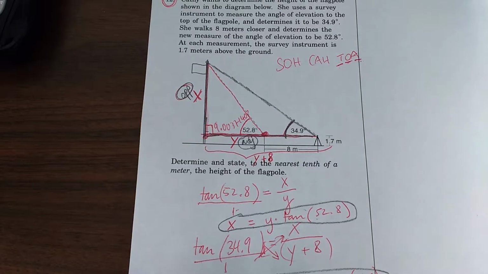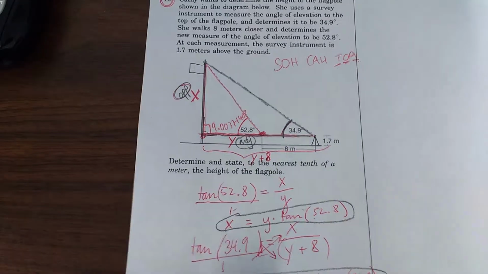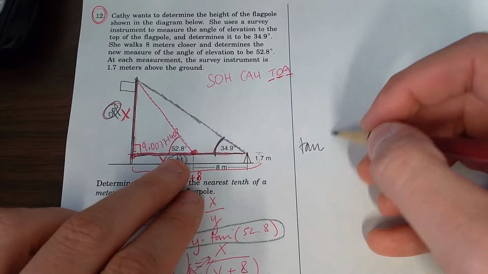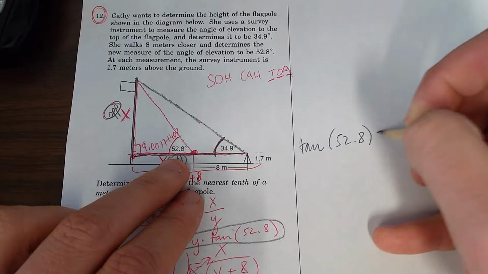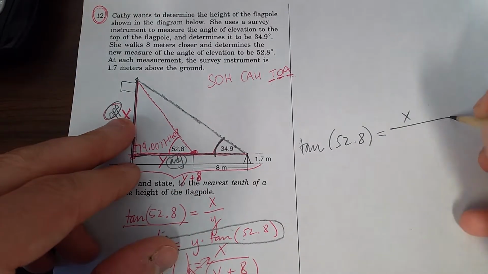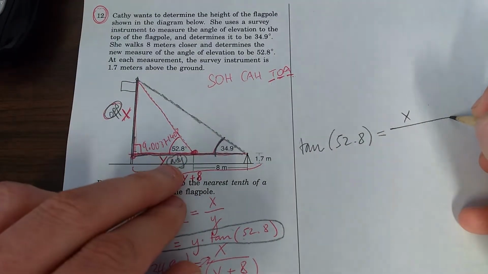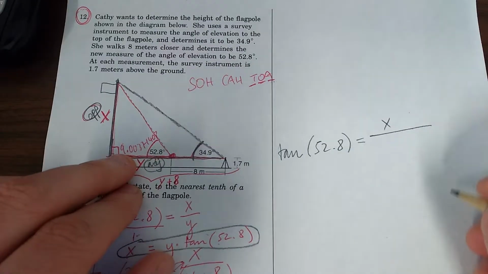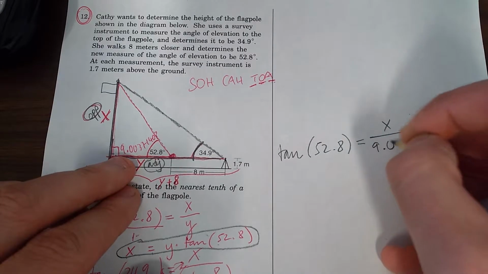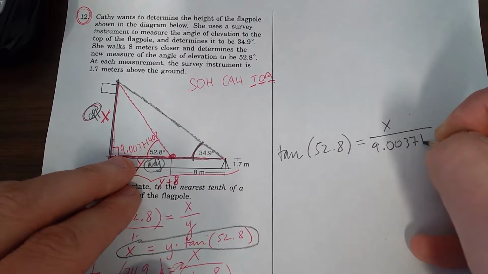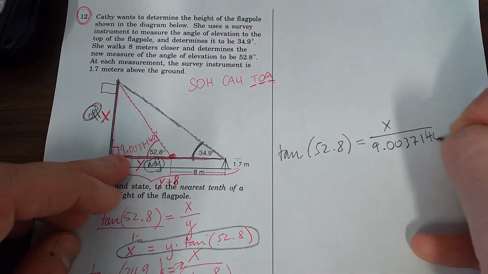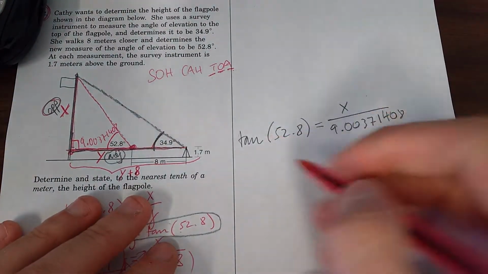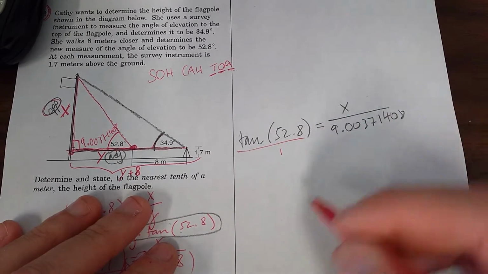So to do that, we can set up a trig ratio. So we can set up a tangent ratio again. Tangent of 52.8 equals opposite over adjacent. And now we don't have to use y anymore for adjacent because we found out what y is. Y is this number. So we're going to use that number. Okay, and now we're just going to cross multiply, so put this over 1 and cross multiply.